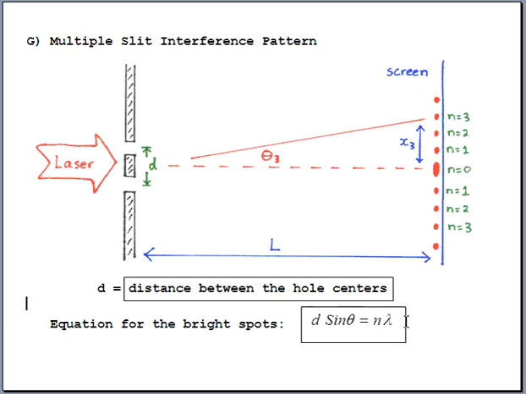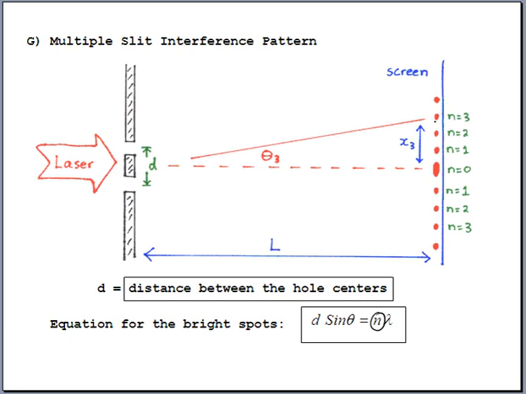And the equation that predicts the angle to the bright spots looks exactly the same as the last one to predict the dark patches, but instead of A for aperture, we put in D, the repetition distance between the two openings' centers. So if you wanted to find the angle shown here, angle number 3 off to the third bright dot, you would put a 3 in for that N. You'd multiply it by the wavelength for the laser, and divide by the D, and that would give you the sine of the angle, and then you could inverse sine it.